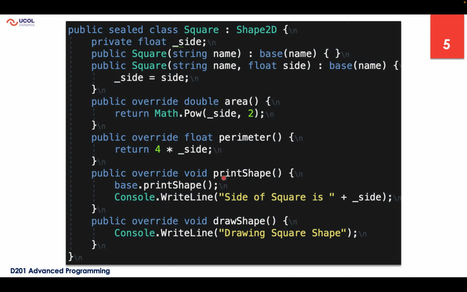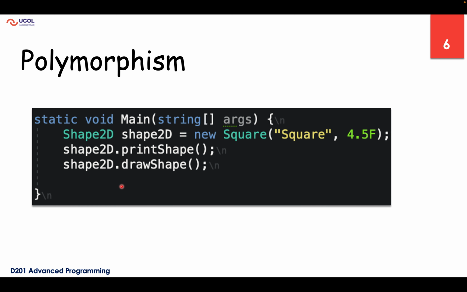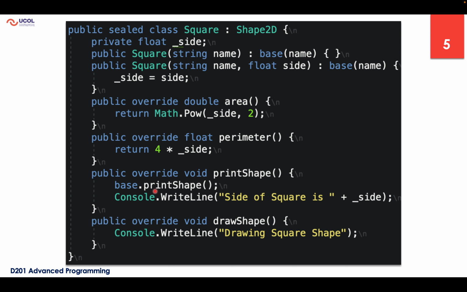And similarly we have the print shape. If we look at this particular thing here, base dot print shape, now we are not only calling this specific method, but we are also calling the parent class, the Shape2D print shape method.